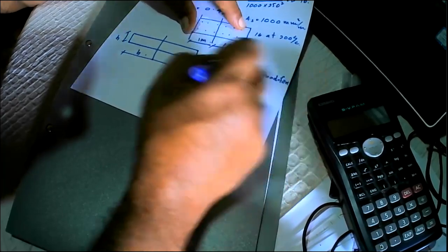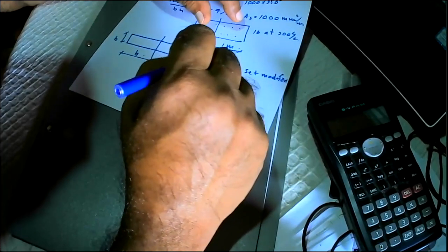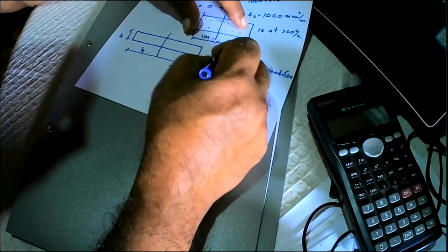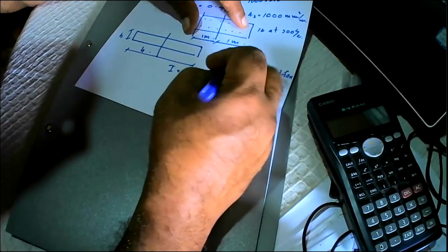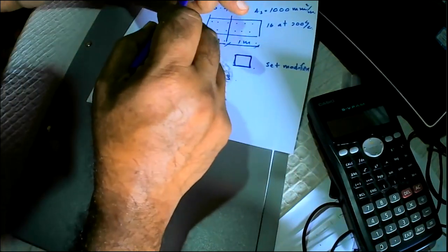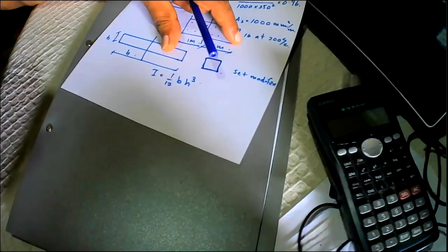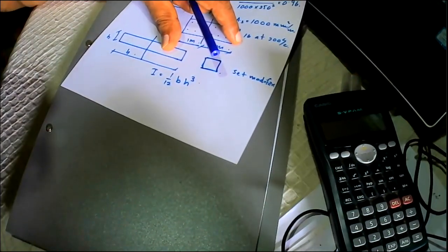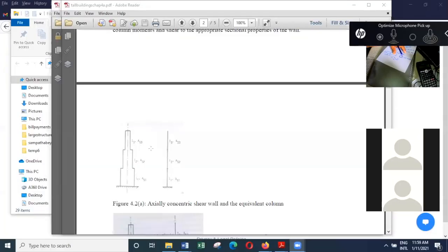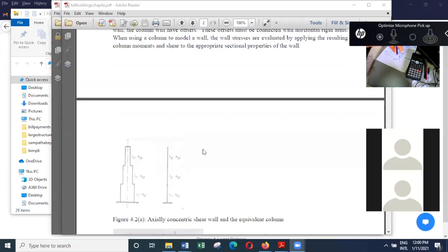So basically you can modify the section properties of elements. So you can allocate a small column, but you will go to set modifiers and increase the I value so that it will match the I value of the wall. So basically when you are doing analysis, you can represent the walls as columns and then perform the analysis. So that is one of the things I wanted to show you.